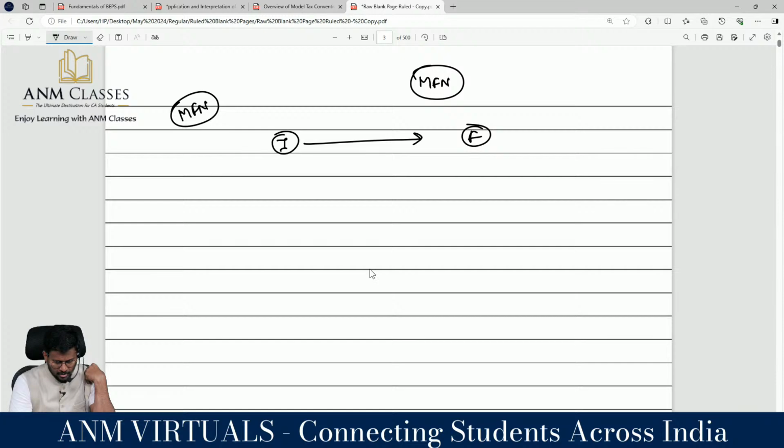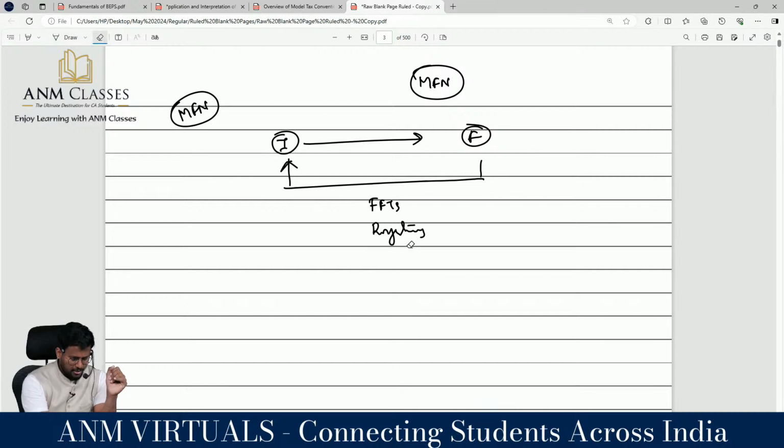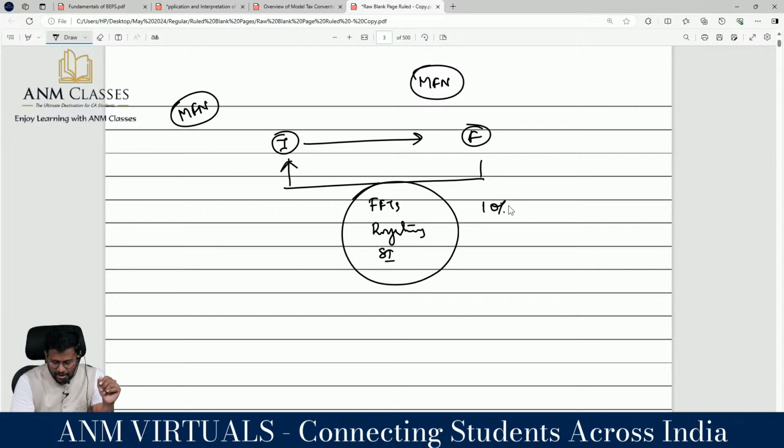Listen. What they said is that if any France person is getting any fees for technical services or any royalty or similar income from India, it will be taxed at the rate of 10%.